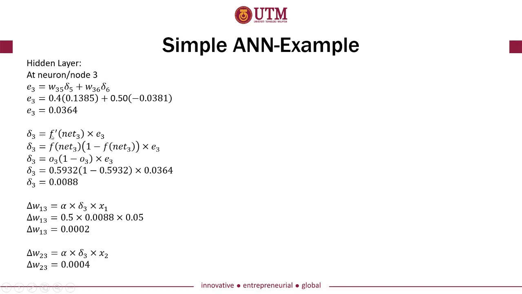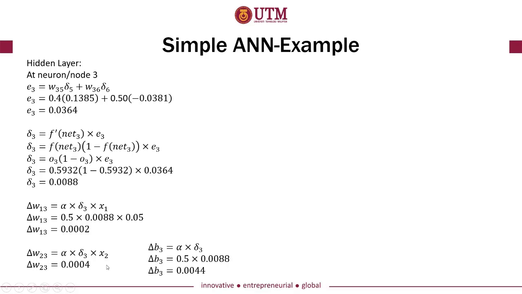The formula is similar to the neuron in the output layer. Then you put in all the numbers there, and you get the delta 3 equal to 0.0088. And then at the end you find out that your updater of W13 is equal to 0.0002, while your updater of W23 is equal to 0.004.